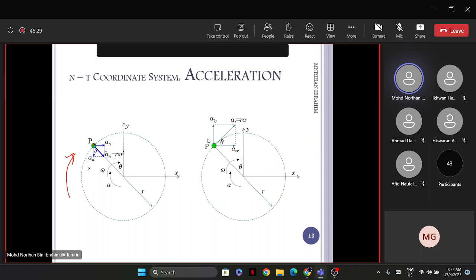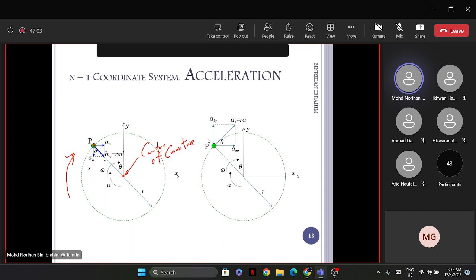At this instance, this particle P has a normal acceleration of an, which is directed toward the center of curvature, the center of this circle.